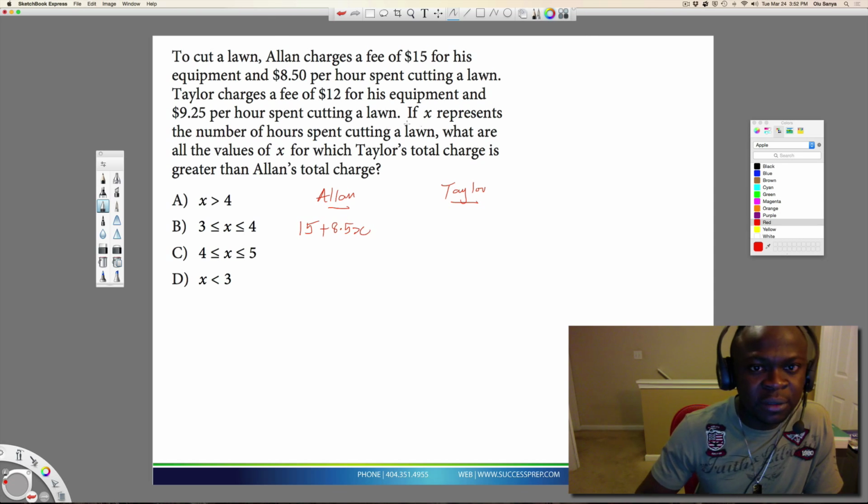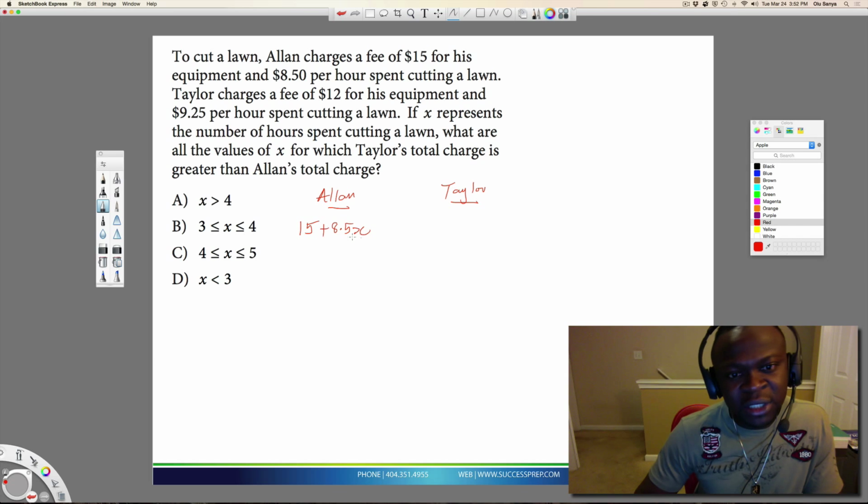If you read later on into the question, it says x represents the number of hours spent cutting the lawn. If he's charging $8.50 per hour and he cuts the lawn for, say, 2 or 3 hours, then it's 8.5 times that number of hours. Since we don't know that specific number, we're just going to call it x for now. And then Taylor is going to do the same thing.